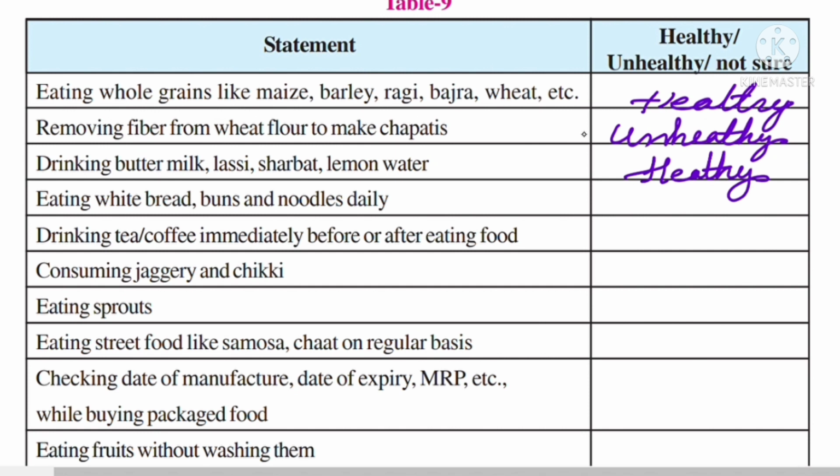Eating white bread, buns, noodles daily is unhealthy. Drinking coffee or tea immediately before or after eating food is also unhealthy. Consuming jaggery and chikki is healthy.